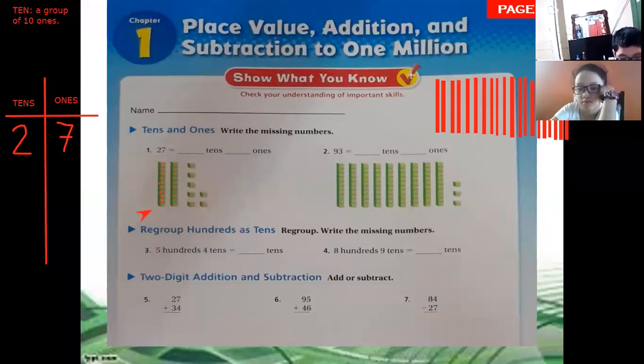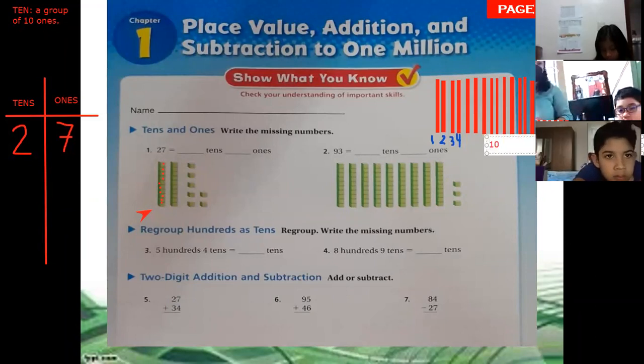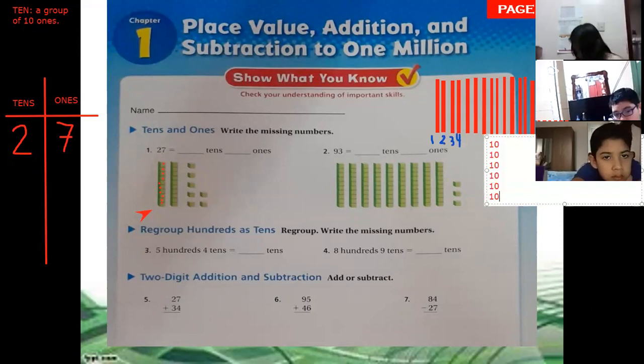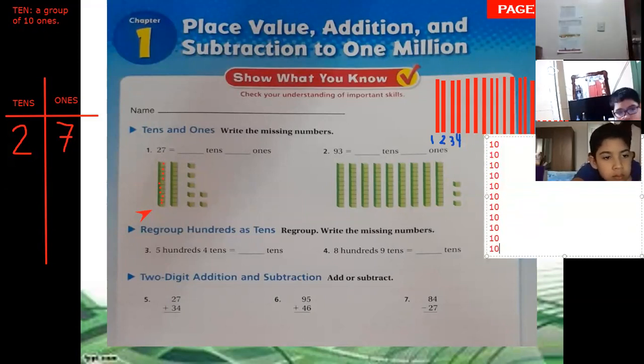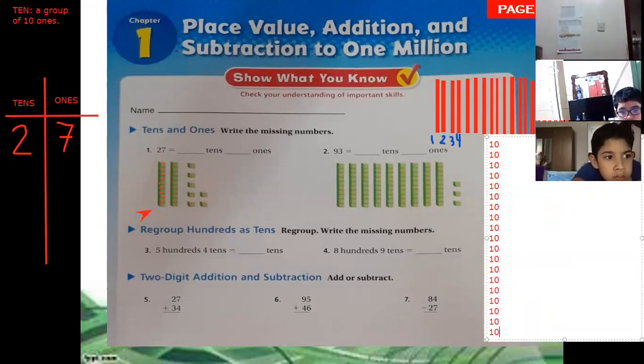Now, you said in 27 there are 20 tens. So it means that I have 10 plus 10 plus another 10, 20 times. Those are 20 tens.